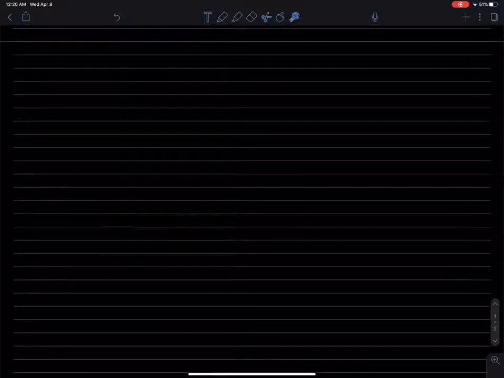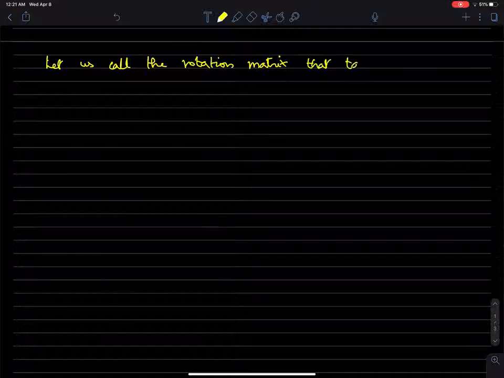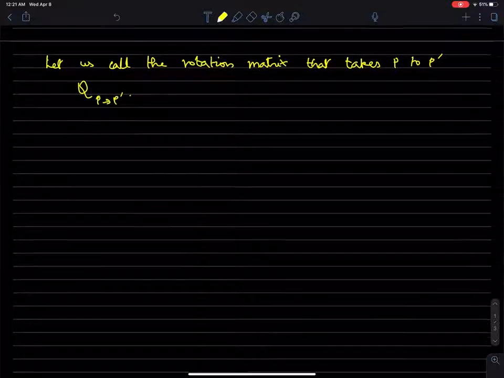So we can call it Q, the rotation, let us call the rotation matrix that takes us P to P dash Q. If we want, we can put a subscript like that, but that's not necessary.